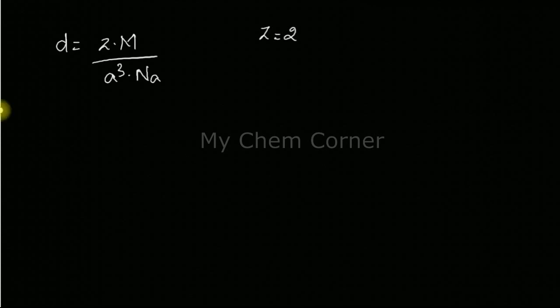So in this question, what is given to us? Alright, first we'll write down the formula that density is equal to Z into M by A cube into Na. Now, what is given to us in the problem? The question clearly says it is BCC, so for BCC, Z value is 2. The M value, that is the atomic mass, is going to be 7 gram per mole.